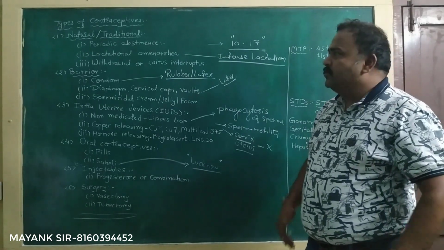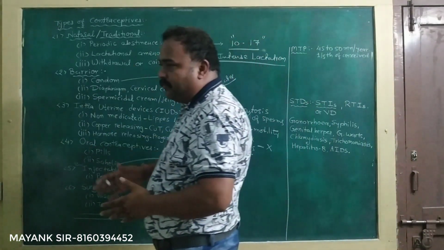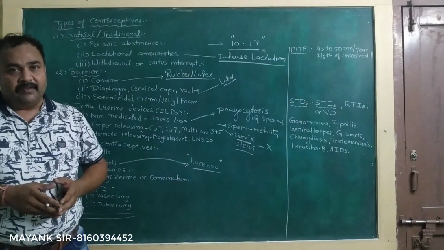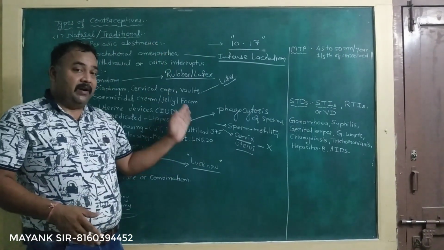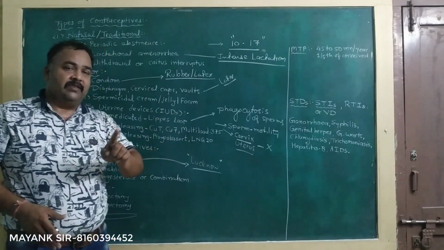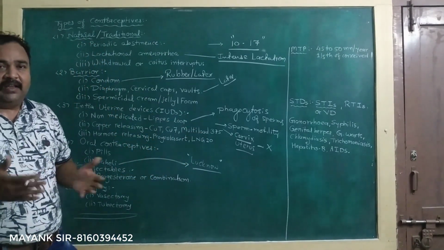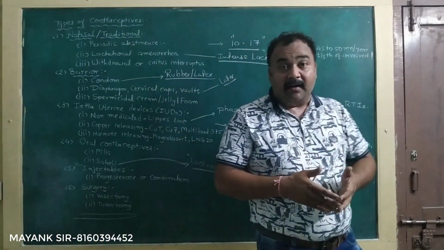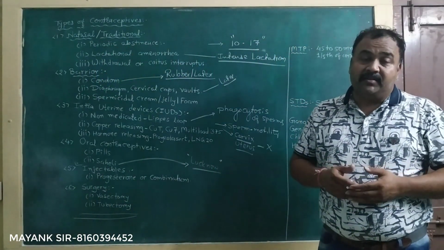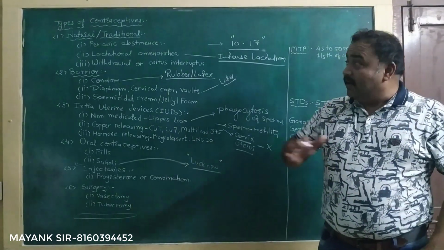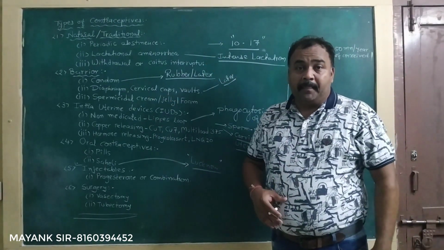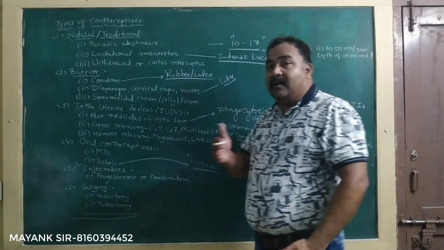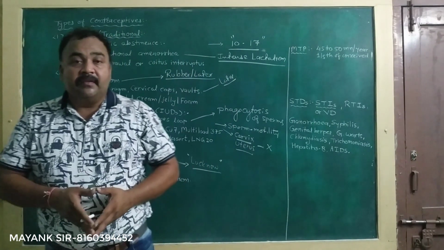Nowadays, the use of contraceptives has quietly increased in society. See, the use of contraceptives is against the natural thing. What is the natural thing? The production of sperms, the production of ova, the fertilization, and again the birth of a child. But when we use contraceptives, we are going against tradition, against nature.